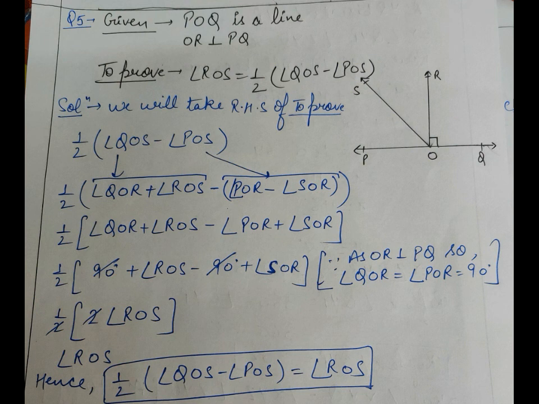Now you can see that 90 degrees can be cancelled with 90 degrees. So in the next step we will get half into twice of angle ROS, and finally we will get angle ROS. So we can say that half of angle QOS minus angle POS is equal to angle ROS.